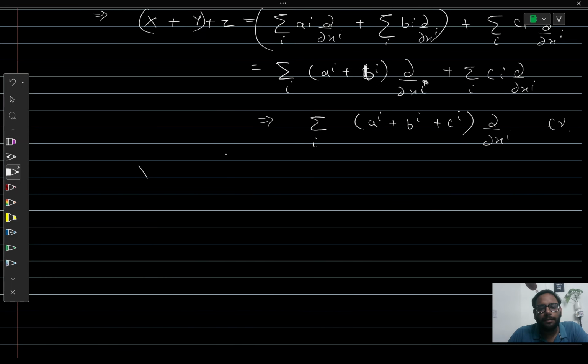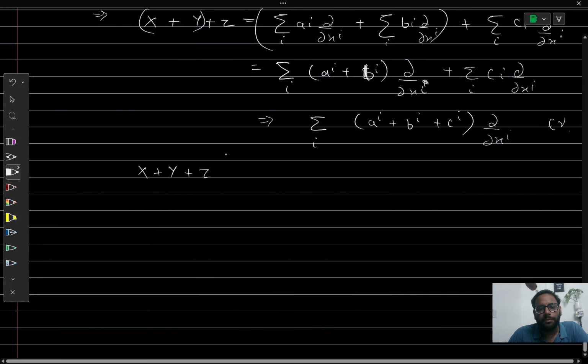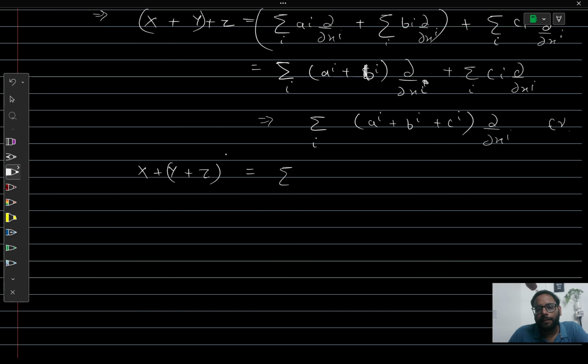Now try to add this the opposite way. You can find that it is easy. So you just do this first, and then you will find that it will be the same as this.